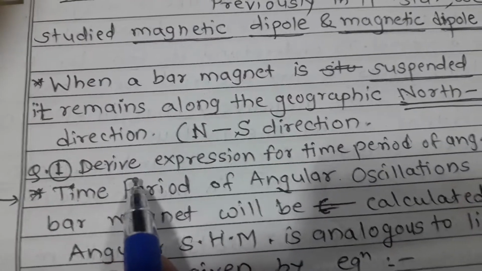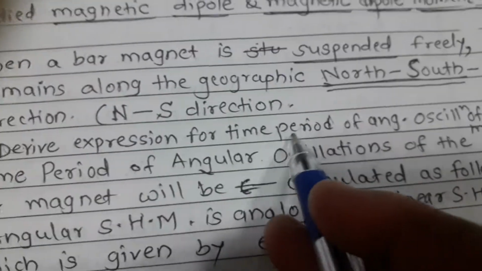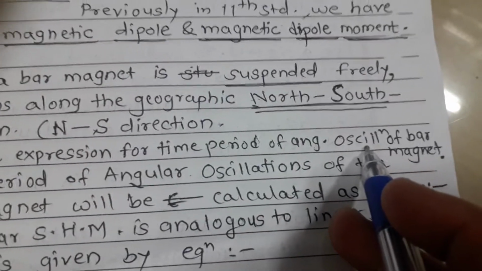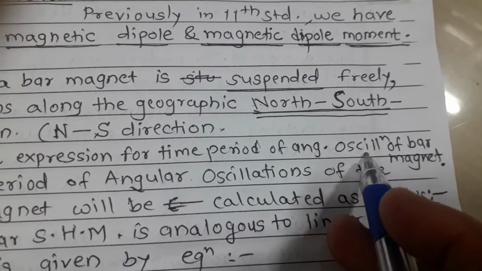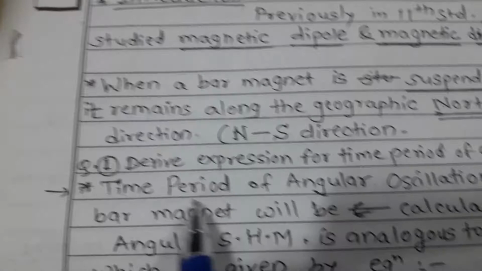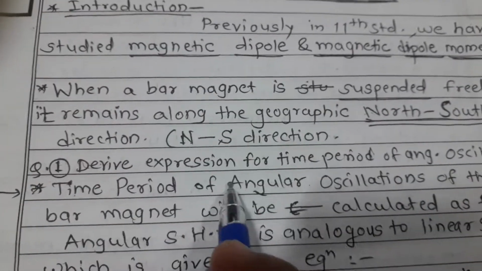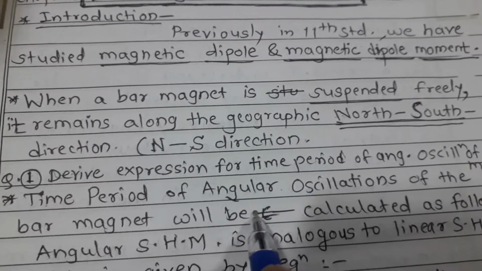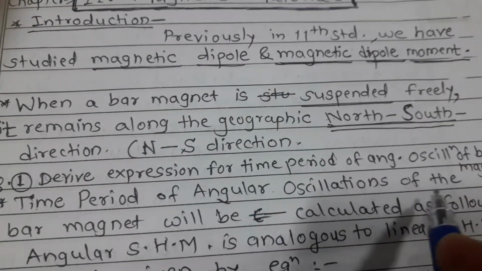Question number 1. Derive an expression for time period of angular oscillation of a bar magnet. See here, time period of angular oscillations of the bar magnet will be calculated as follows.